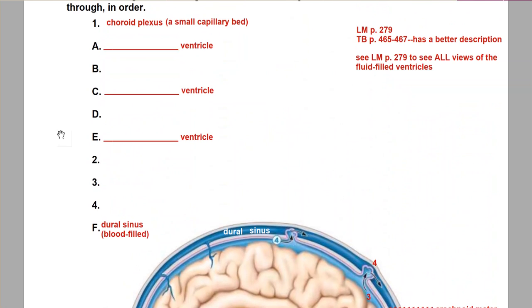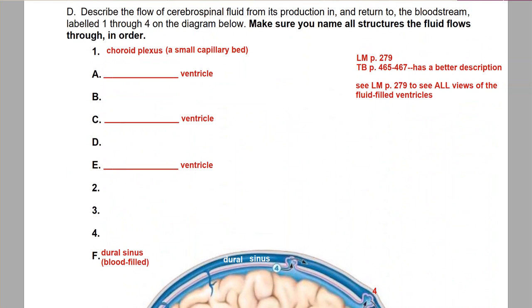And so I've given you a list here in order. I start with number 1 and remind you that that little funky red thing is a capillary bed. Then you have a ventricle and an opening and a ventricle and a passageway and a ventricle, and then the numbers that are labeled, and then they finally go into the dural sinus.